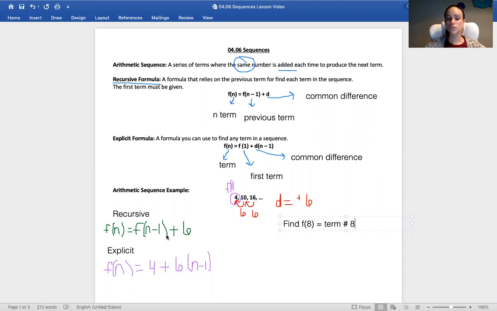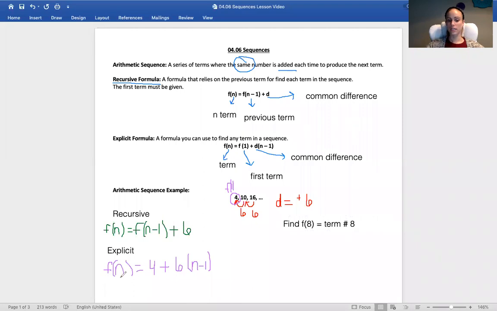If I chose to use the recursive, I would just continue on with my pattern. I would keep adding 6 over and over again until I got my 8th term. And that is a valid method. However, I prefer to use the explicit formula because I can substitute and solve, and I find that a little bit faster.